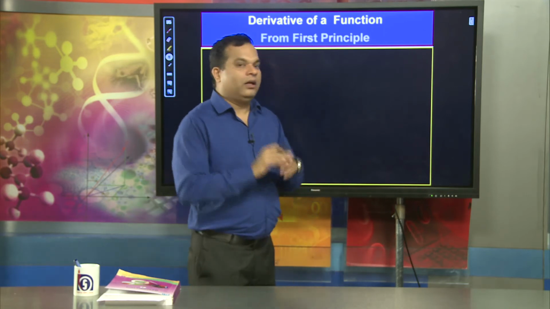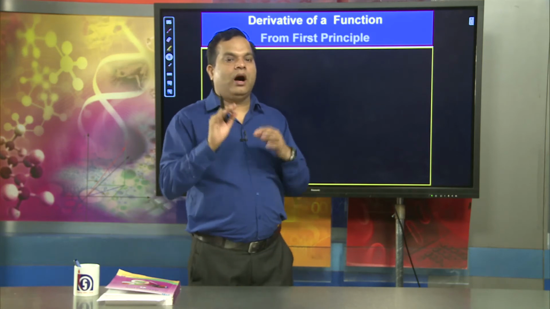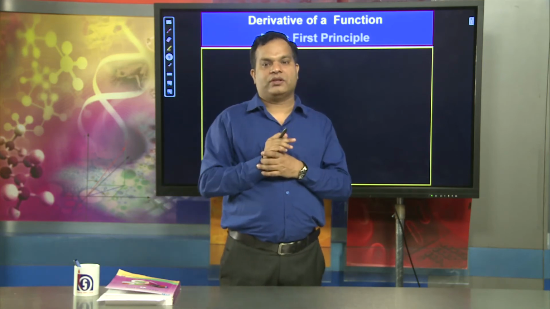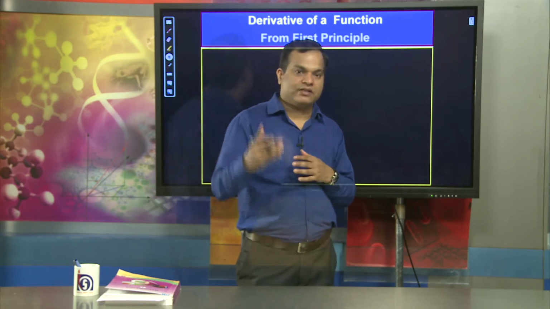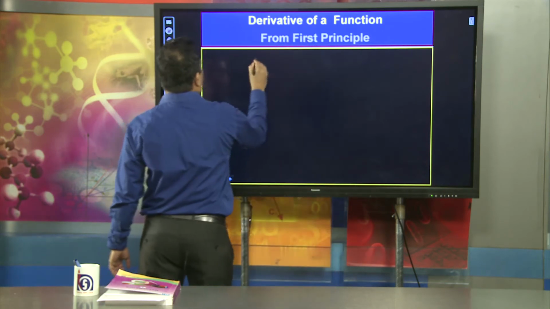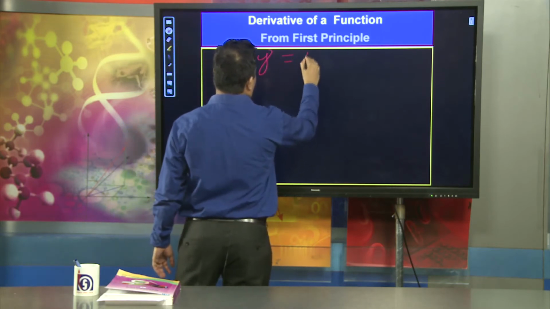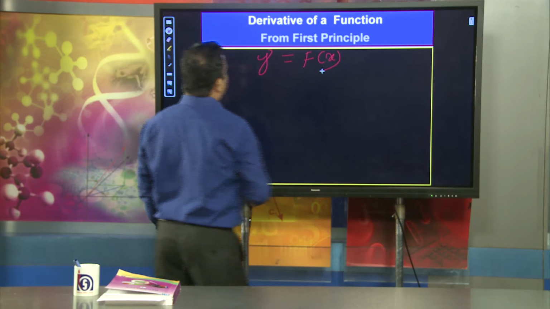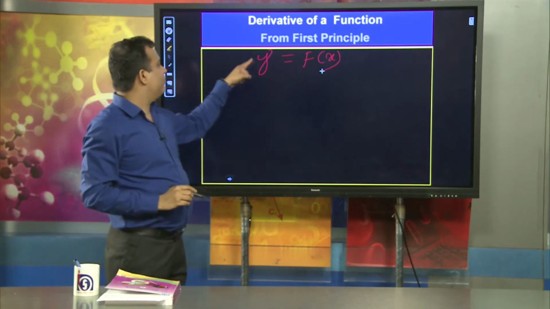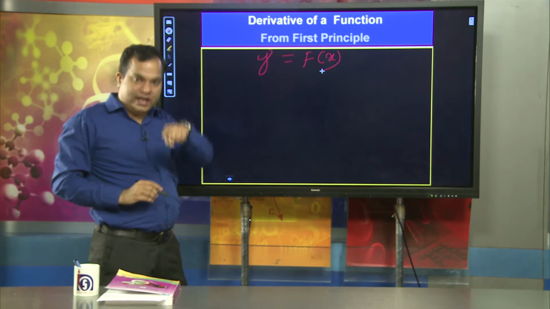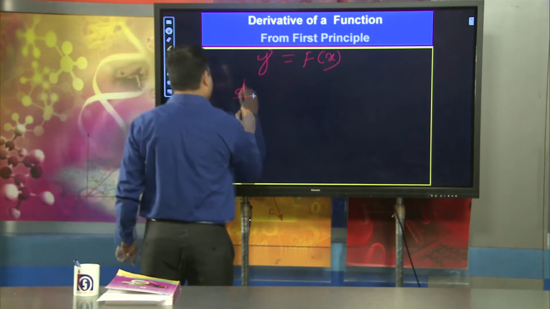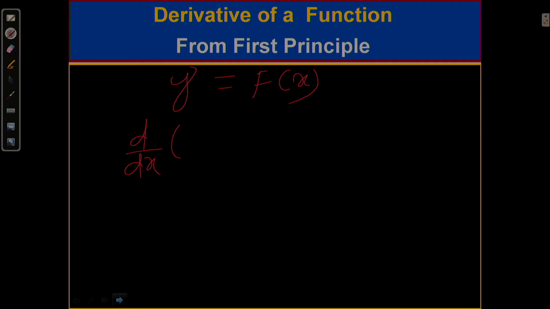Before that, I would like to tell you how to write the derivative of a function, that is the nomenclature. Suppose y is the function f of x, and we are going to find the derivative of y with respect to x. I can write it simply as dy by dx.